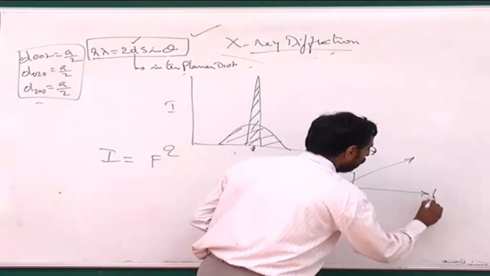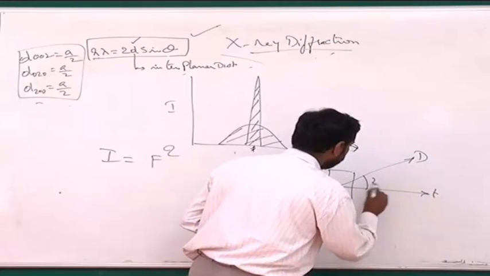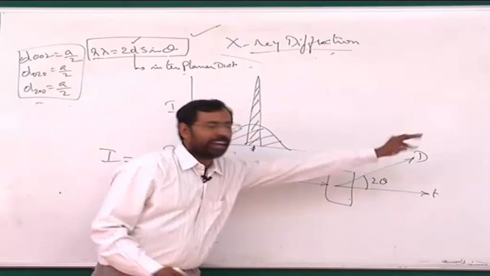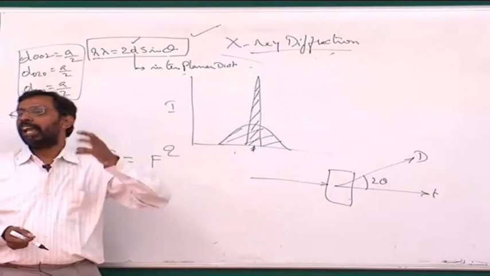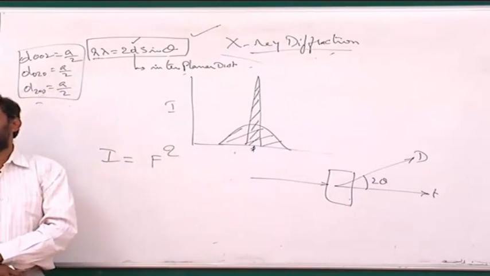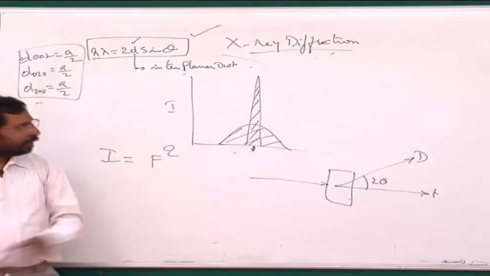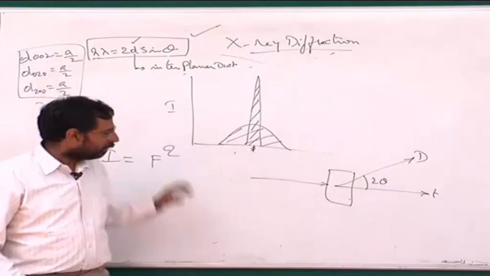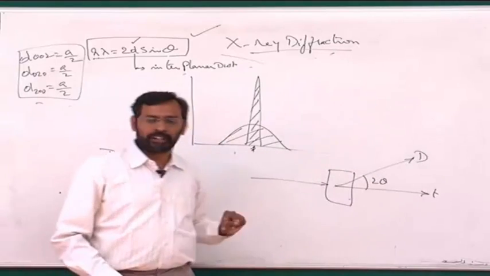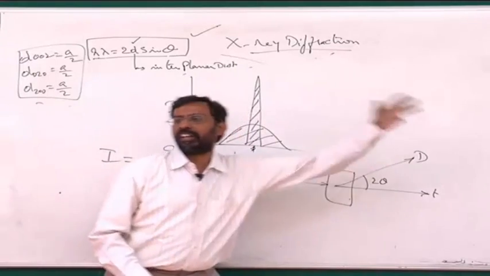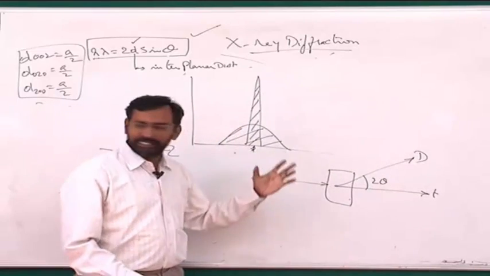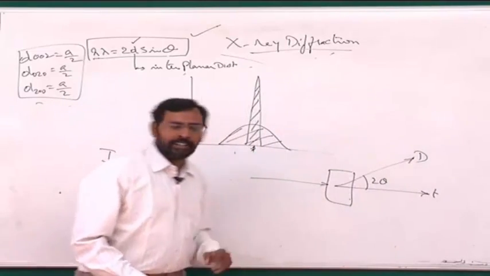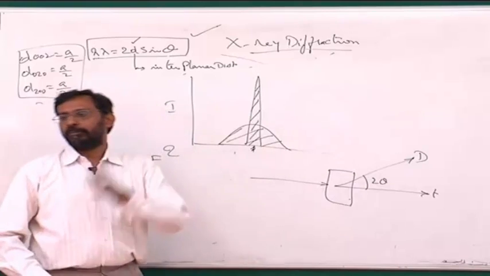This is the transmitted beam, this is the diffracted beam, this is 2 theta. What is diffracting them? It is the electrons inside the material which are diffracting it. This material has certain electrons. The X-rays are interacting with those electrons, and these electrons are the ones causing the diffraction to happen. So this diffraction is coming from the unit cell.